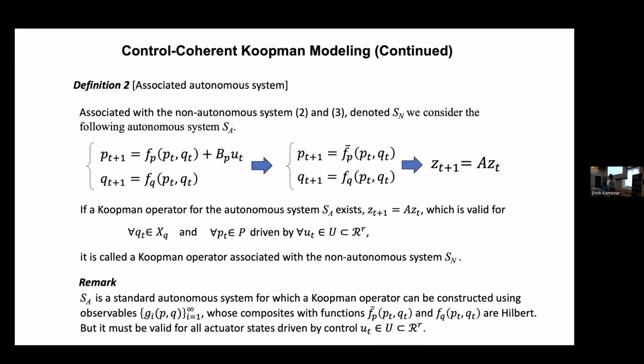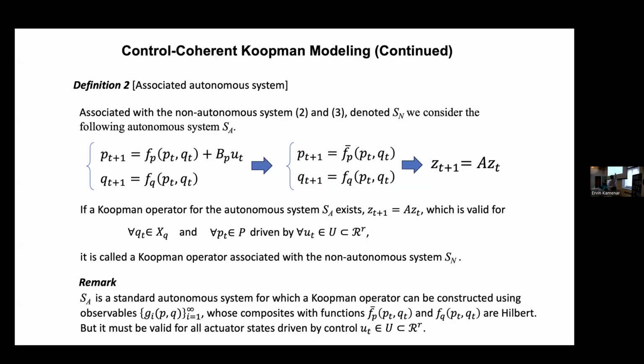So we start by forming the autonomous system associated with the original non-autonomous system, eliminating the control term B u_t, and this turns out to be just a standard Koopman problem.